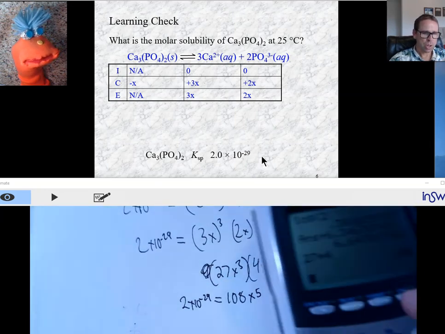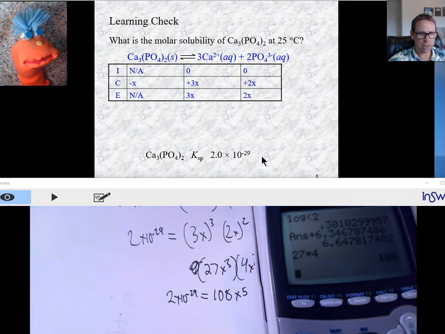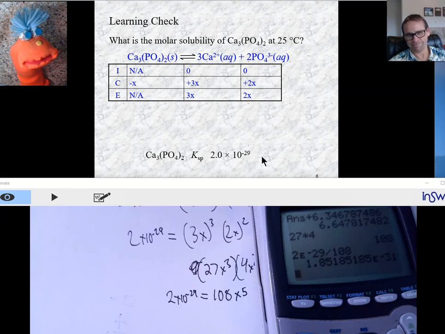Okay? So I take 2 times 10 to the minus 29, divide by 108, get the x's all by itself, and then I take the 5th root, right? Because this means x to the 5th equals 1.85 times 10 to the minus 31. Well, how do I take the 5th root? There's a way to do it in here, and you can search for it, learn on YouTube.